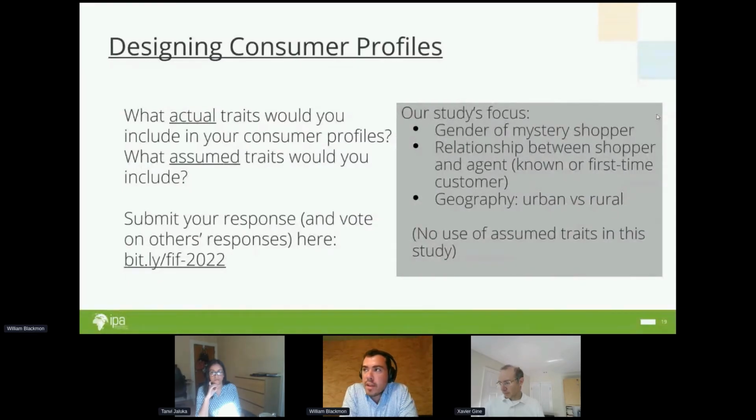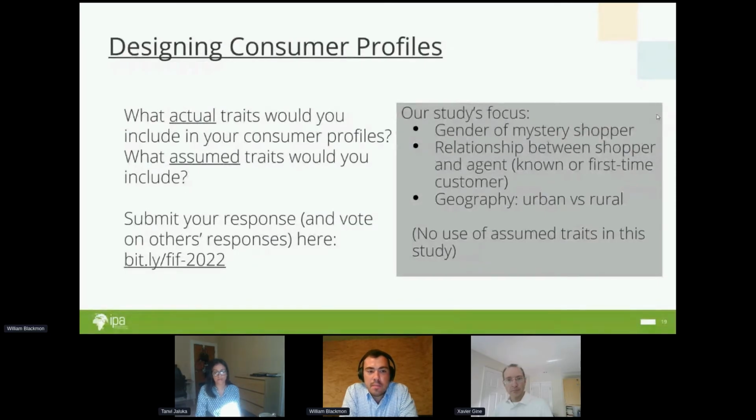So by creating mystery shopping scenario scripts that imply either high or low level of financial literacy, you can measure differences in the experience of high financial literacy consumers versus lower financial literacy consumers.